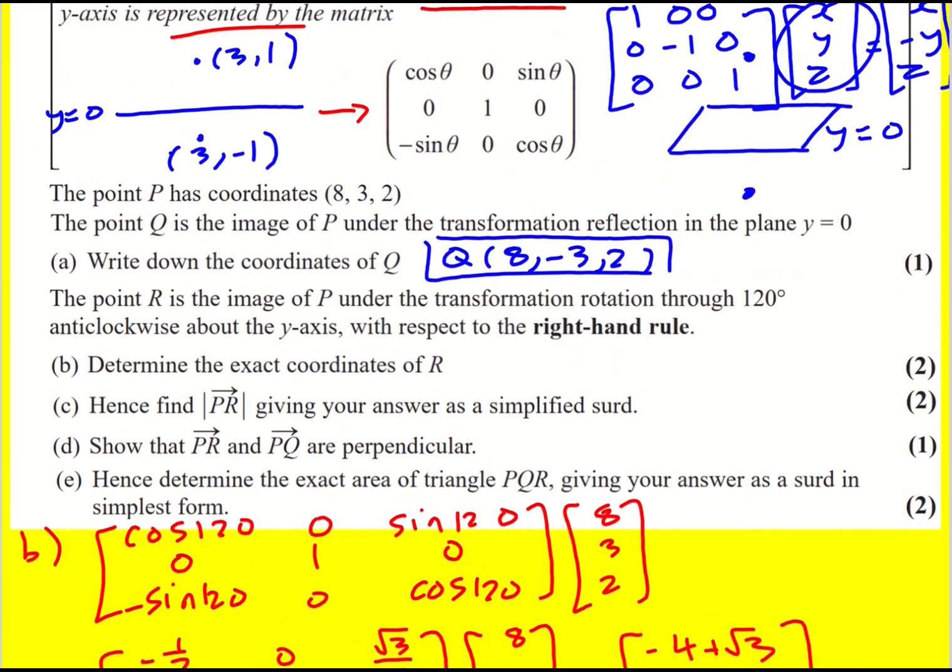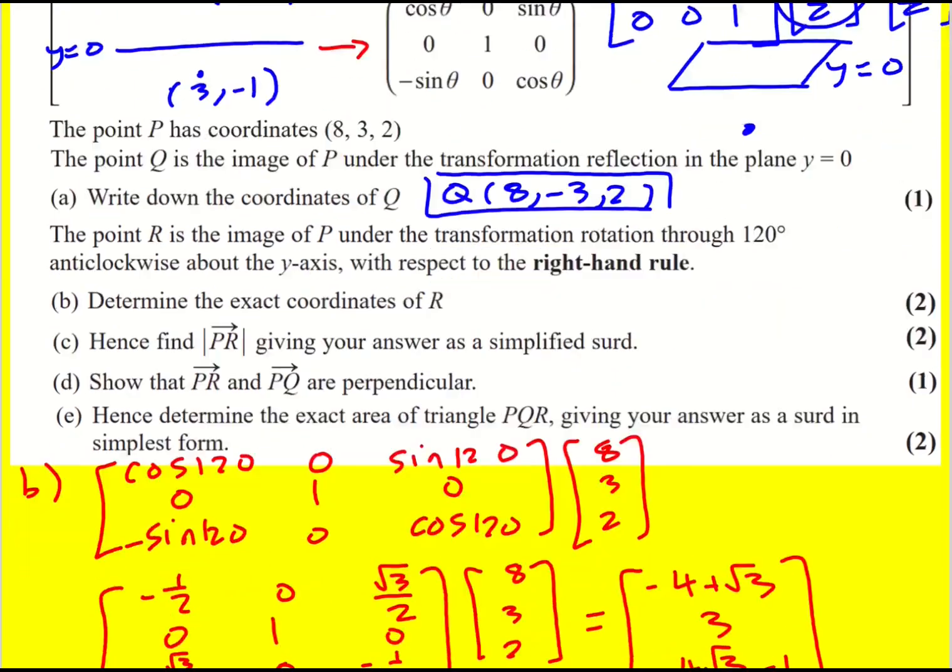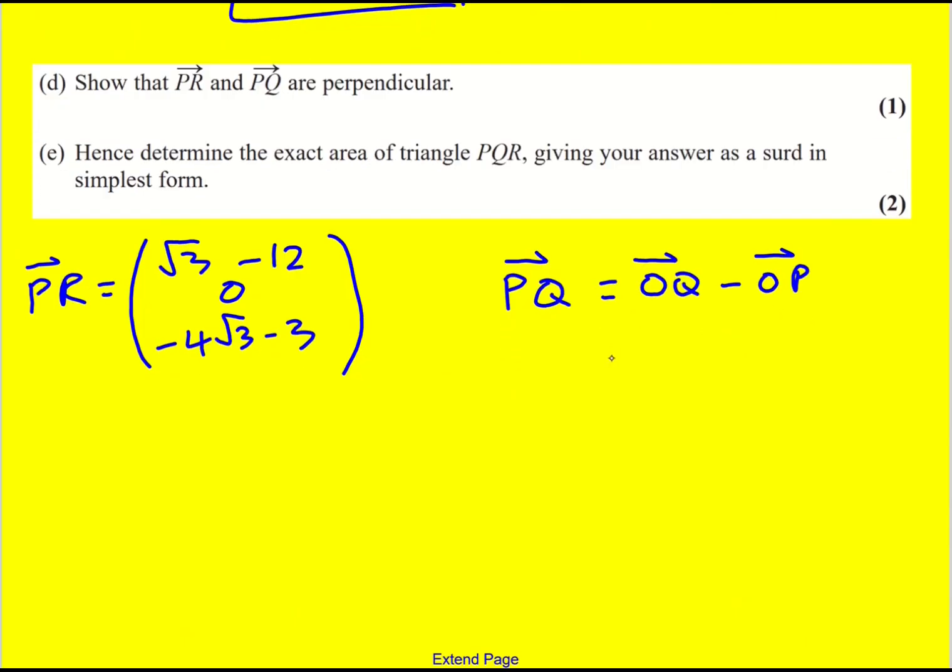Now remember, Q was one of the early ones that we found. So 8, -3, 2. And then P was what we had before we reflected it in y equals 0. It was 8, 3, 2. Which is going to give 0, -6, 0.